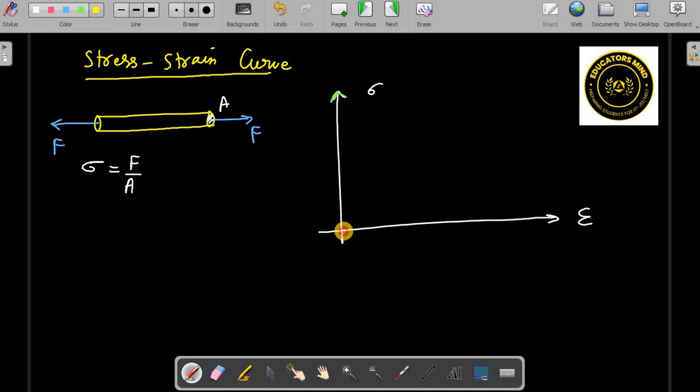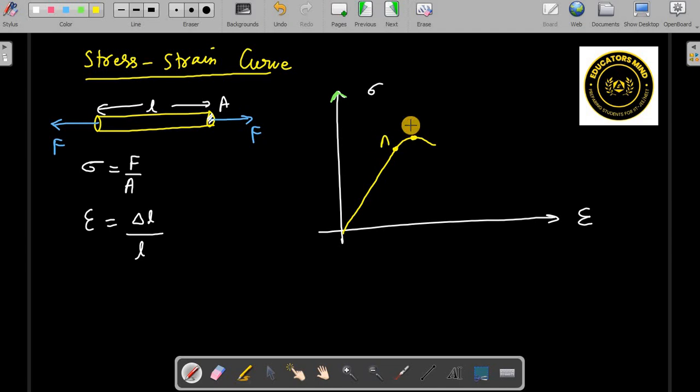Let's understand. The graph goes like this. You keep on increasing the load force, stress keeps on increasing, and strain is the change of length by the original length L. The stress versus strain graph is first a straight line, after that it curves like this.